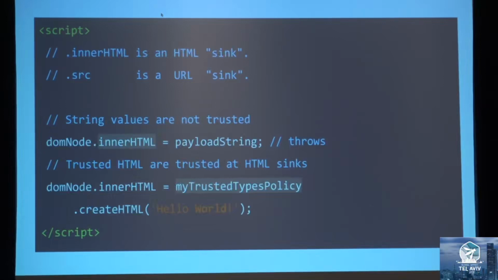And trusted types guards these sinks, which means that you can't assign untrusted values to these sinks when trusted types is enabled. So with trusted types enabled, this assignment to inner HTML fails. The payload string simply doesn't get assigned.